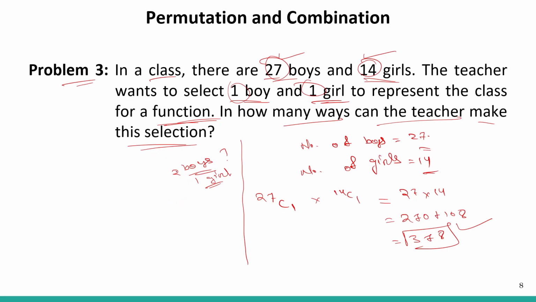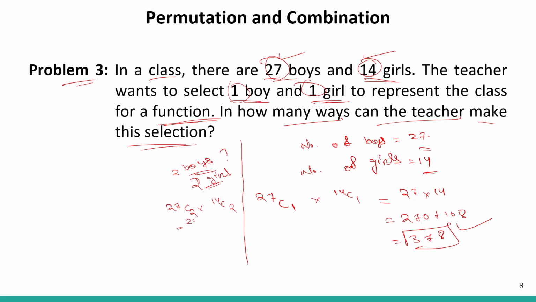So let's see what the answer will be for this kind of question. The answer will be 27C2 into 14C1. If there were 2 girls, it would be 14C2. Here also the order would not matter, for the same reason.